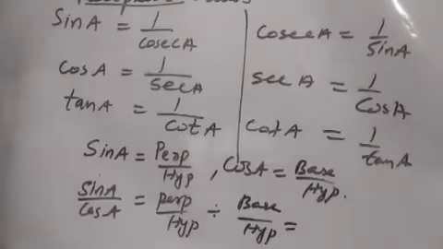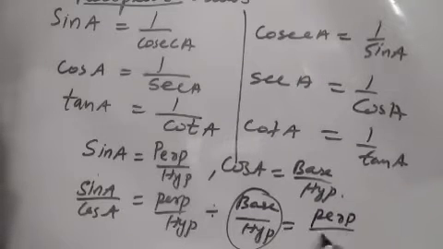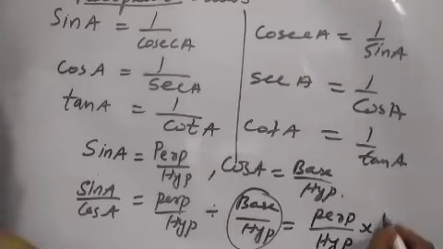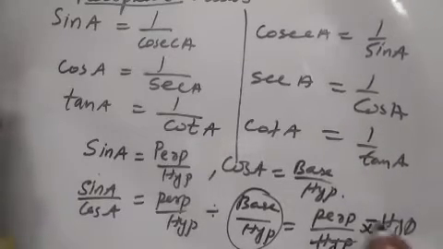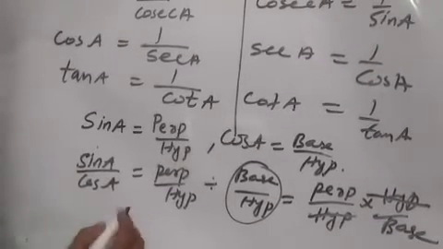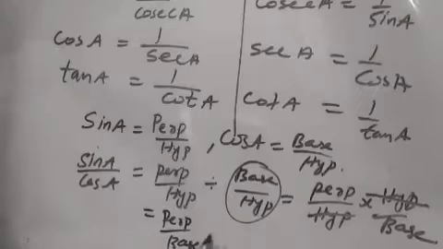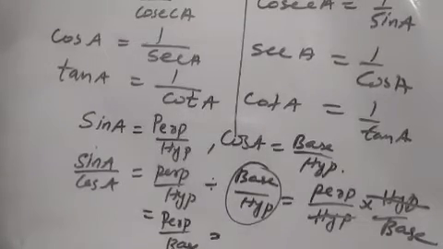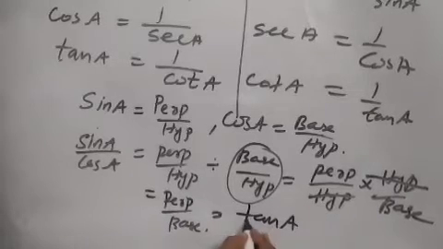Instead of division, we do the multiplication of reciprocal. That is perpendicular by hypotenuse into hypotenuse by base. Cancel out this hypotenuse. We get the ratio between perpendicular and base. Actually, what is the ratio between perpendicular and base? Yes, it is tan A.